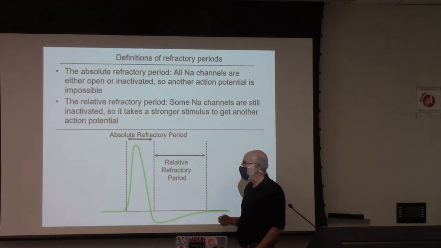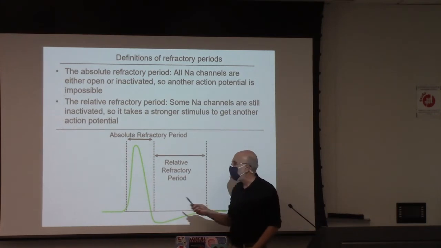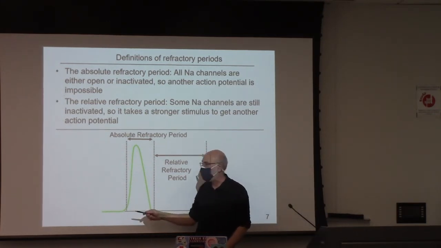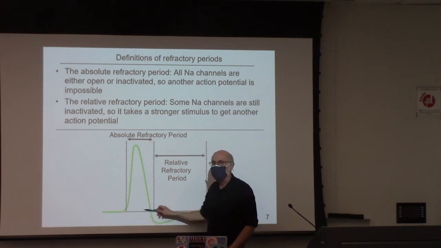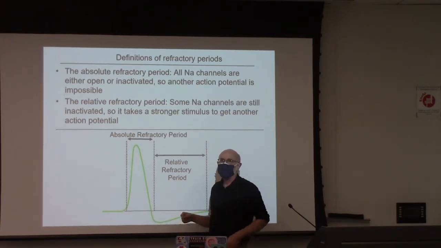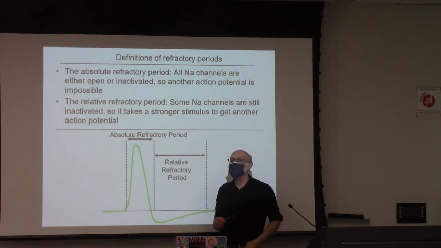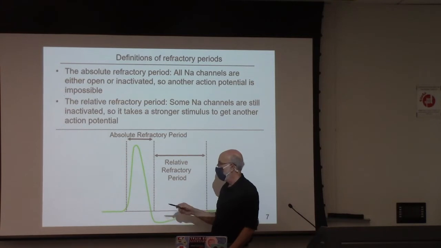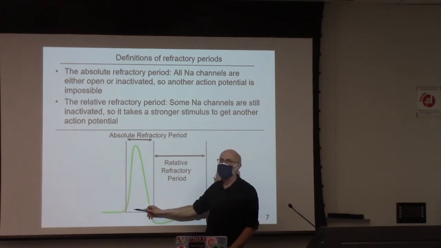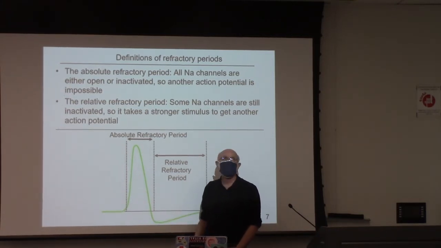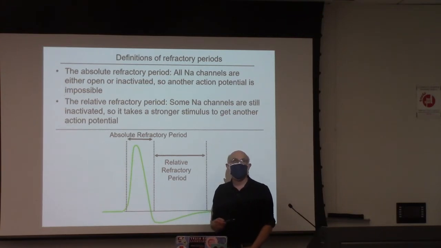Why is it absolutely? So what does that mean? It means that if we were to give this cell a huge depolarization anywhere in this interval, it still would not fire an action potential. It's refractory to firing an action potential. That means no matter how big a stimulus we give it here, that stimulus is not going to trigger another action potential.